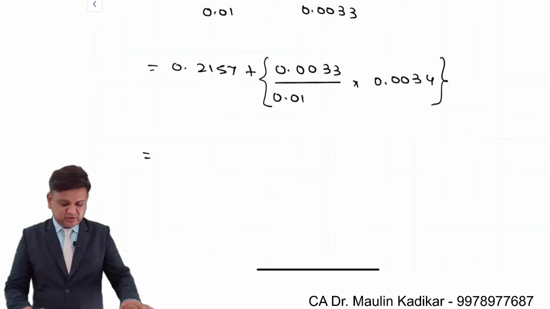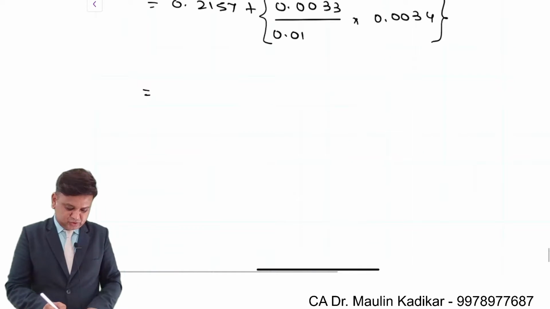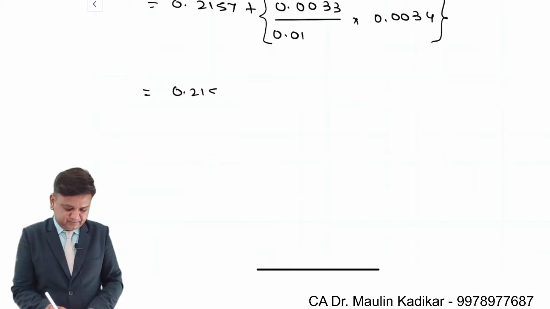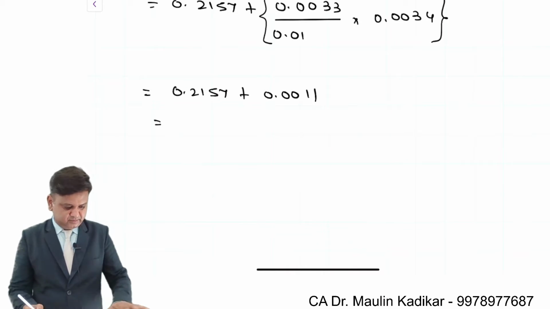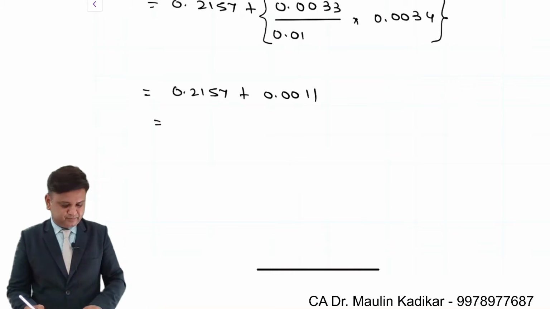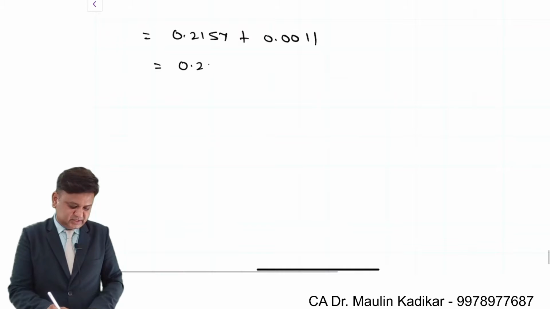So 0.0033 into 0.0034 upon 0.01, so 0.2157 plus 0.0011, so 0.2168.